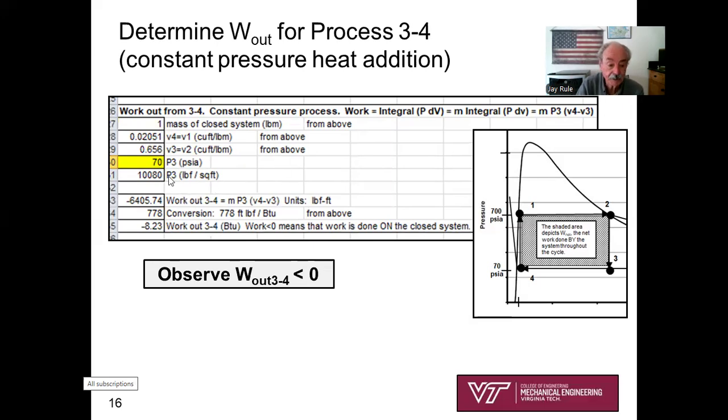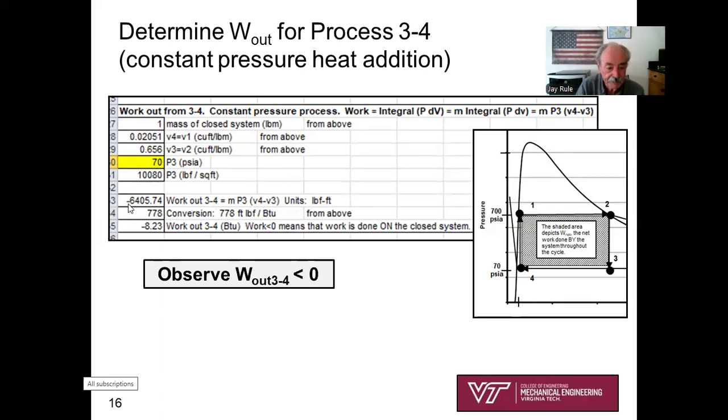Our pressure is 70 pounds per square inch. Transform that into pounds per square foot, multiply by 144. Notice I'm writing my units out. I'm not just writing numbers down. The work out from 3 to 4: M, 1 pound mass. P, 10,080 foot-pounds force per square foot, or pounds force per square foot.